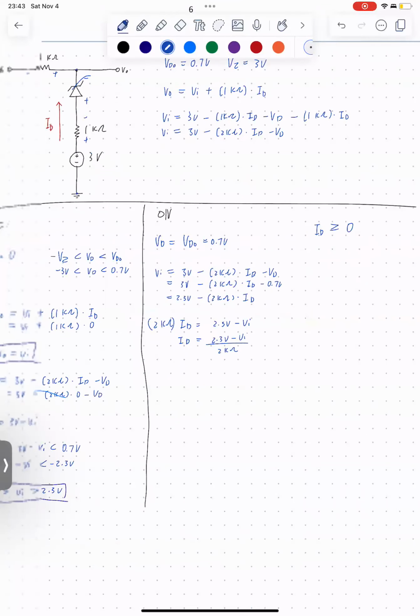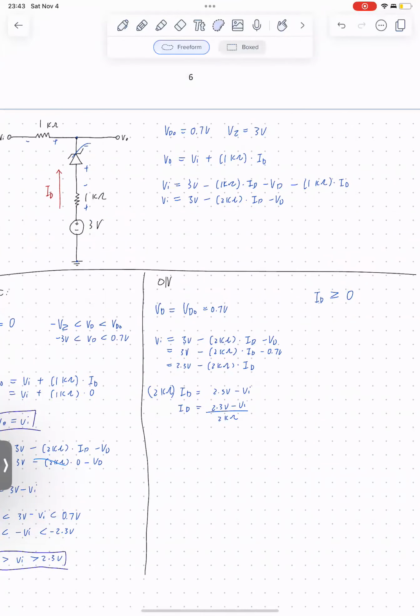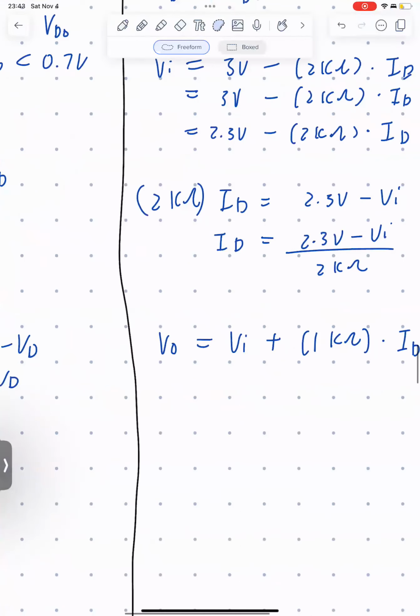And there we go, now we have our first equation. Now we want to sub this into our other equation so that we can remove ID entirely and have an equation where we can express V out with VI.